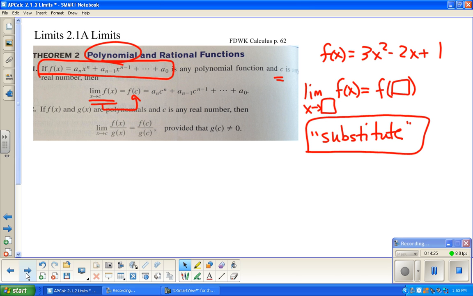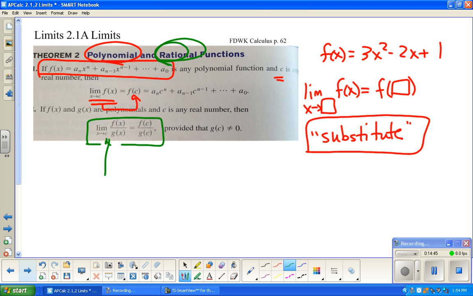Okay? Similarly, for a rational function, notice what they did. They're saying here's c. Sorry, I covered it up. There's c. And if you want to know that limit for a rational function, you can just substitute that c in there. Now there's a little disclaimer.